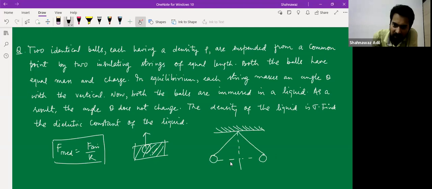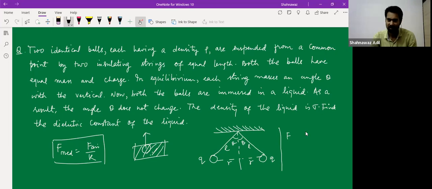Let's say theta, right? And this is Q, this is Q. This length is L. So this is without the medium, right? We have solved this problem, so this was T cos theta, this was mg, this was T sin theta, and this was Fc.